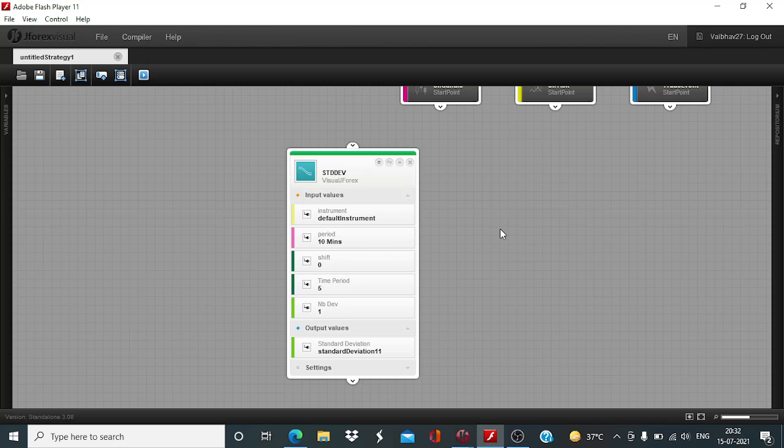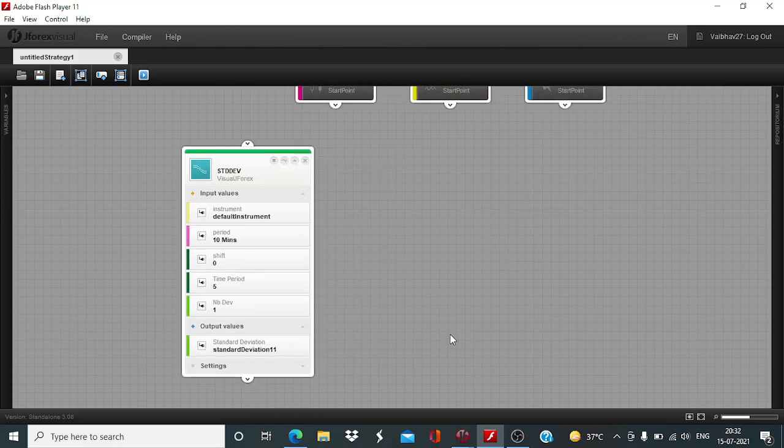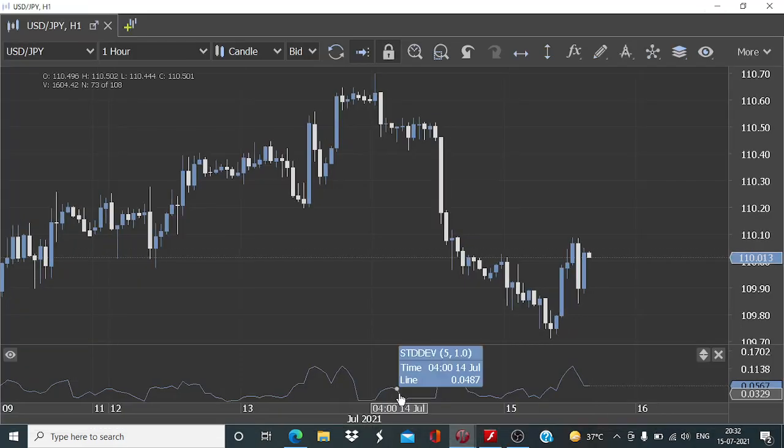We will be using the standard deviation on the hourly time horizon, and along with that we will also be looking at the price action of the 4 hourly time period, and using this confluence we will try to get profitable trades.